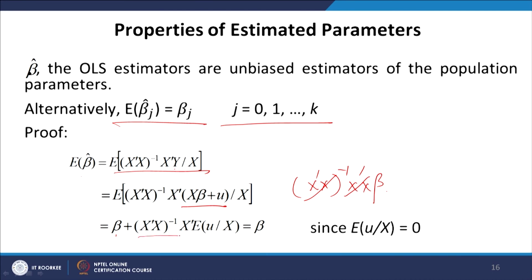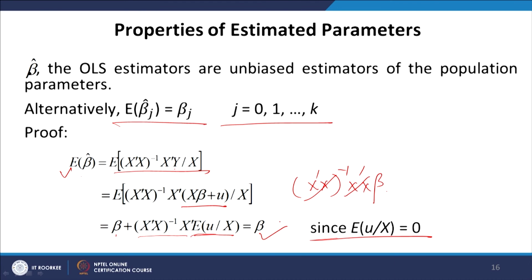So, x prime x inverse x prime u, and I take the expected value of u only because x prime x inverse x prime conditional upon x is non-random. So, we cannot have any expected value operating on that expression. So, expected value of u given x is 0, as a result of which expected value of beta hat is equal to beta.